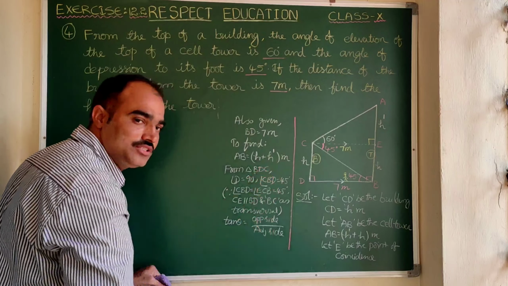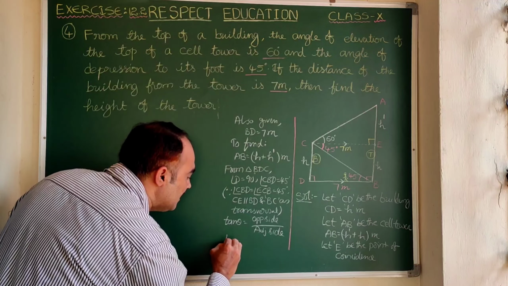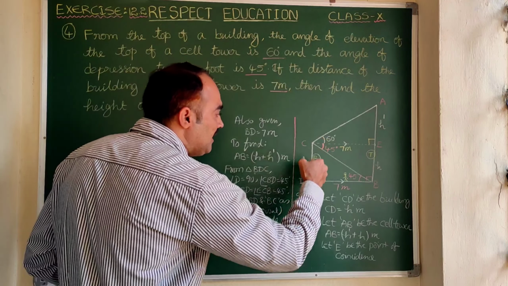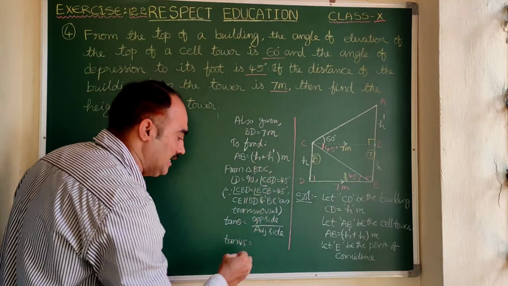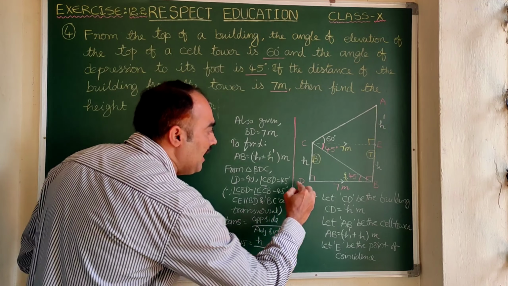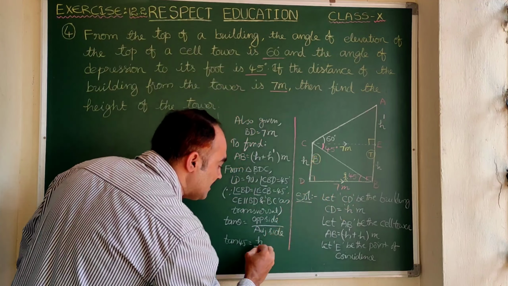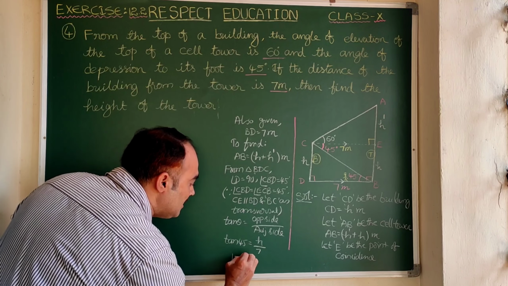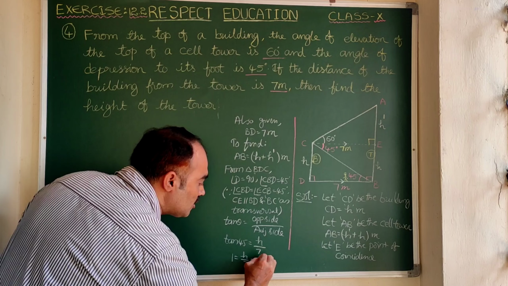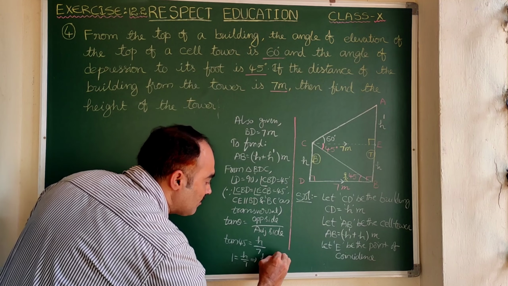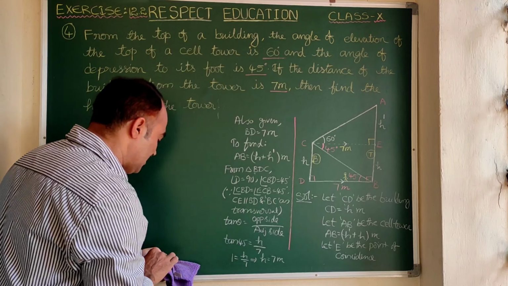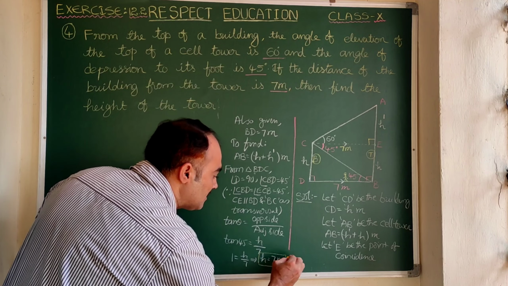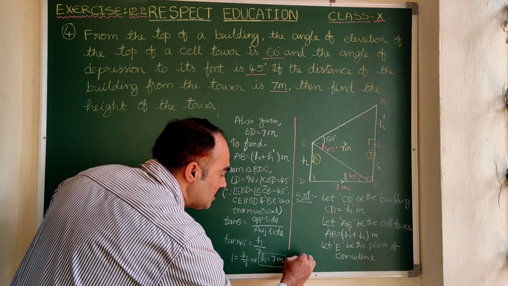Theta is 45 degrees, so tan 45 degrees is equal to opposite side CD, that is H, by adjacent side BD, that is 7. Tan 45 is 1, so 1 is equal to H by 7. On cross multiplication, H is equal to 7 meters. Let us consider this as equation number 1.